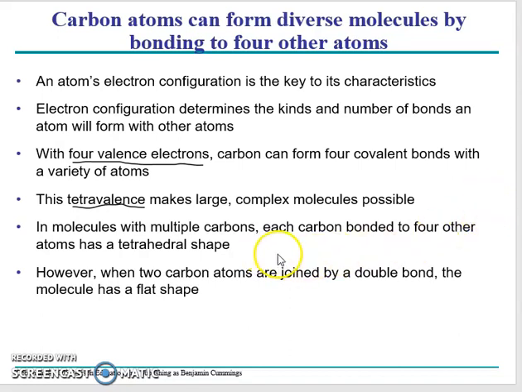It can bond with lots and lots of things in multiple configurations. In molecules with multiple carbons, each carbon bonded to four other atoms has a tetrahedral shape, which I'll show you in a second. Tetrahedral means kind of like a pyramid. However, when two carbon atoms are joined by a double bond, the molecule has a flat shape. So not pyramidal, it's relatively flat.